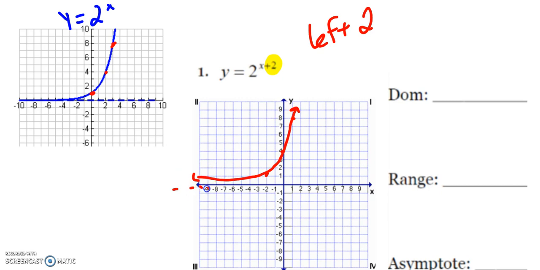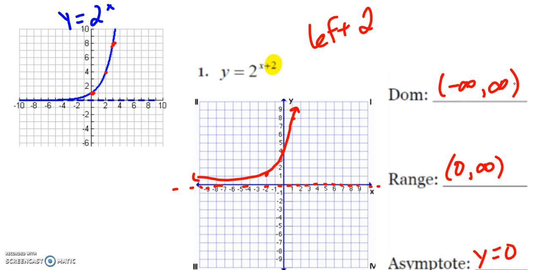Of all these characteristics over here, my horizontal asymptote did not shift at all from y equals 0, because I just shifted to the left 2. I did not change it up or down, so that will not change anything with my domain or range. So the domain is still negative infinity to infinity, and the range is 0 to infinity.